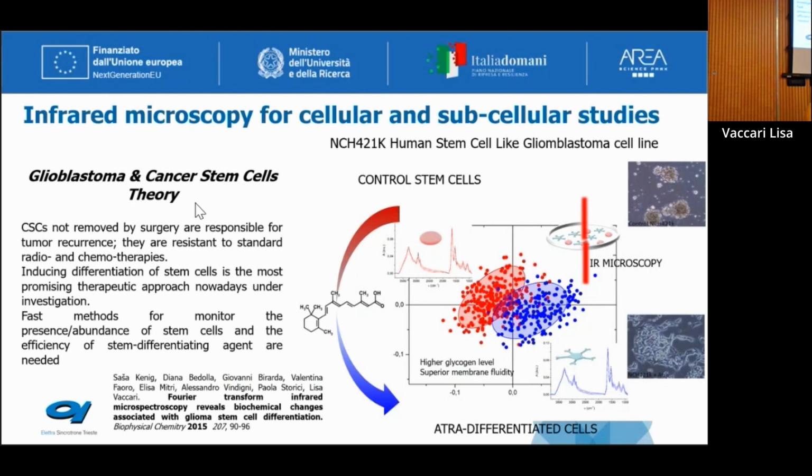Because this gives me the bioinformation that I need for understanding the real difference. In this experiment, when we studied the differentiation of stem cells, there was a very interesting thing. We went back to the spectra, and we could observe that the glycogen level of the differentiated cell was higher with respect to the stem cell.